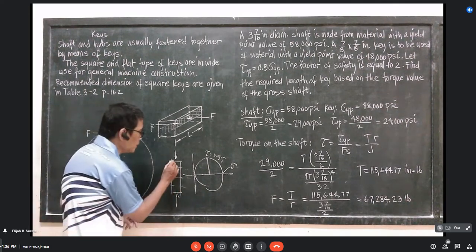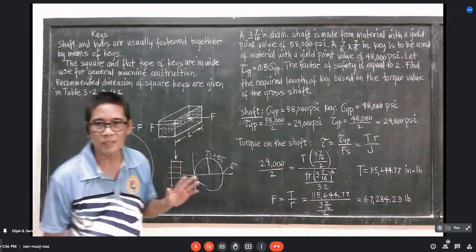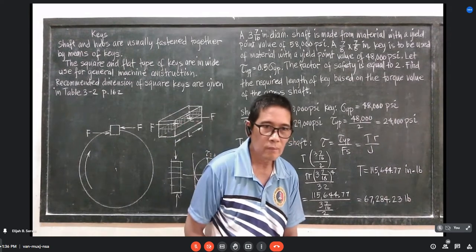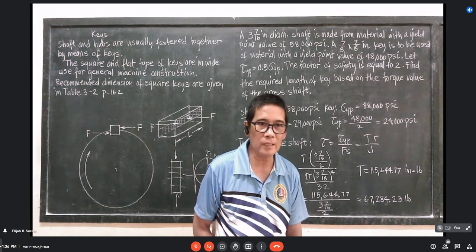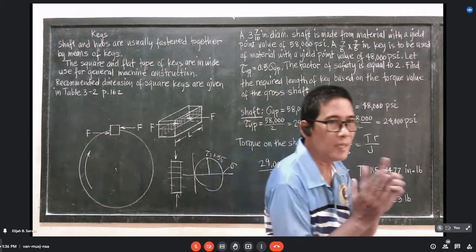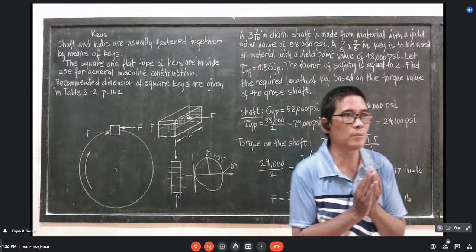However, when it is on the surface, that is called bearing stress. Like your shoe against the floor, there is bearing stress between the two surfaces, and its definition is very similar to compressive stress.